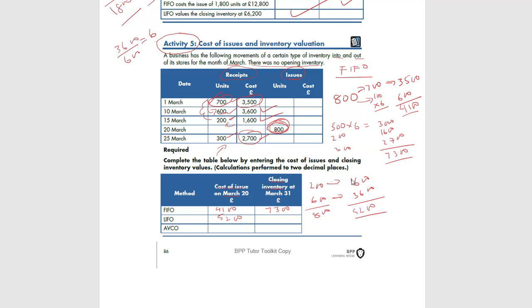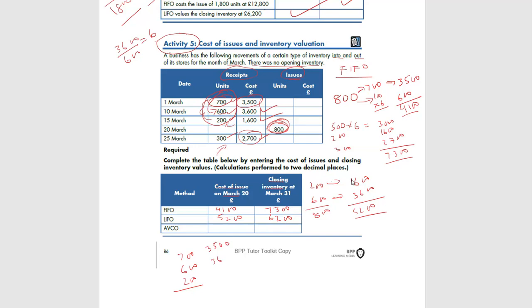Finally, you have AVCO. AVCO is quite easy. All you need to do is make the average. So we have all the units: 700, 600, and 200, and we add all of these. Then we have the costs, 3500, 3600, and 1600, so let's add all of this.